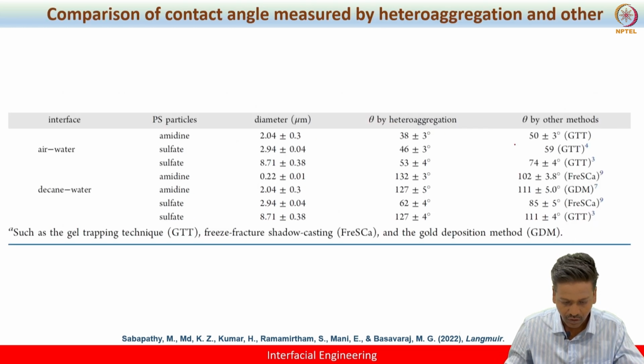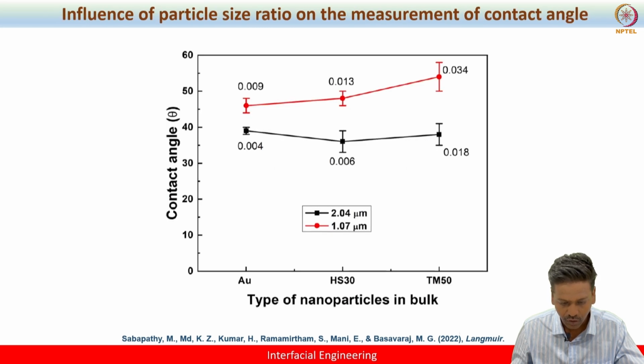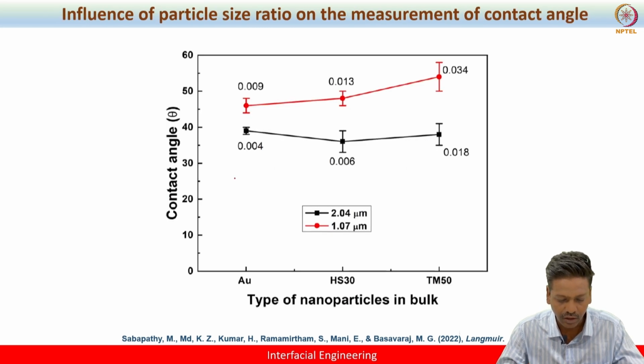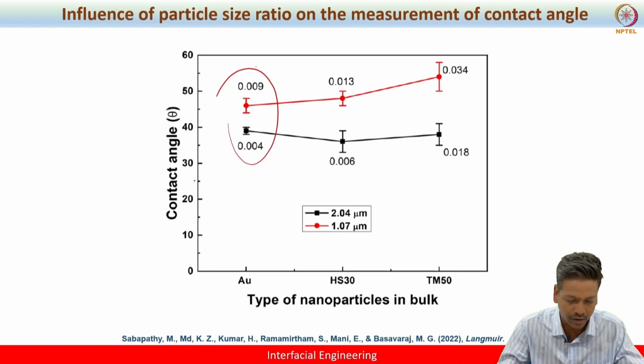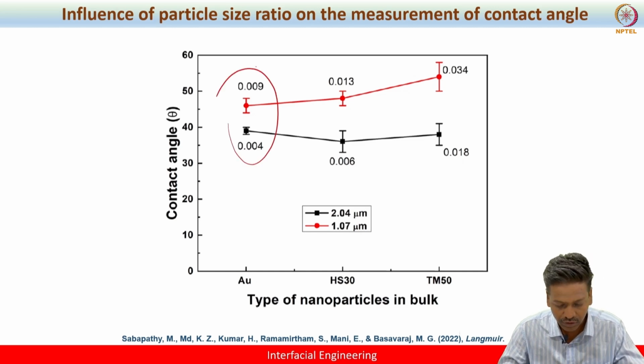Okay, and this is the comparison of contact angle measured by heteroaggregation, right? So this says that if the ratio is very small, then the accuracy will be better. In the case of gold nanoparticle deposition, the nanoparticle size is different compared to the silica nanoparticles that we employed.